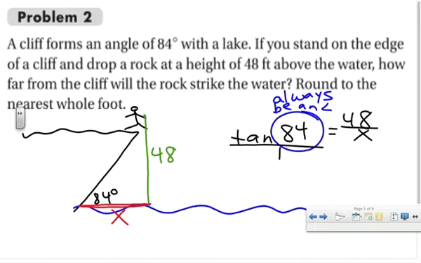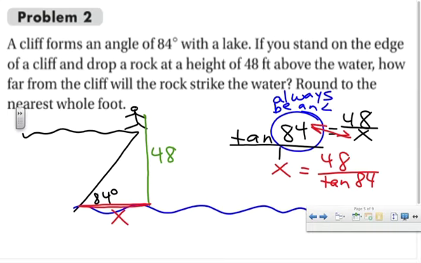And last chapter, one of the things that we learned we were allowed to do with a proportion is switch things across the diagonal. So let's do that. We're going to switch these two things across the diagonal. And now I'll have x, I don't need to write down the over 1, equals 48 divided by tangent of 84.